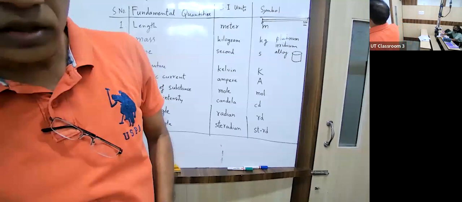Okay. Now suppose I graphically represent it. I will take the x-axis as the time axis and this as distance, x in meters.